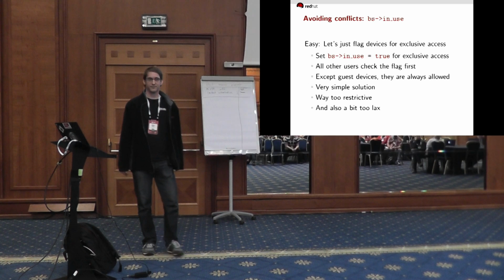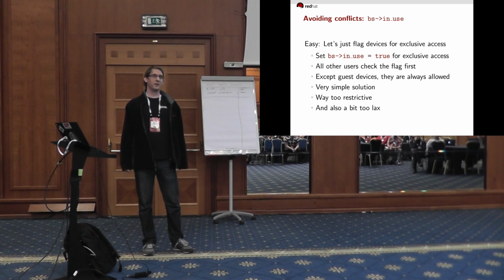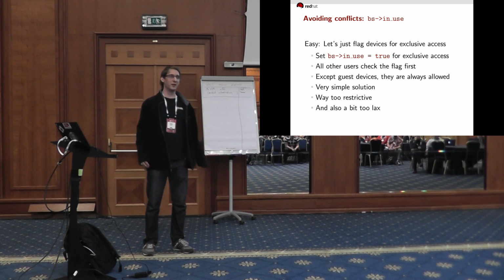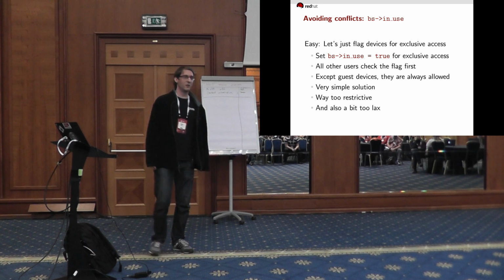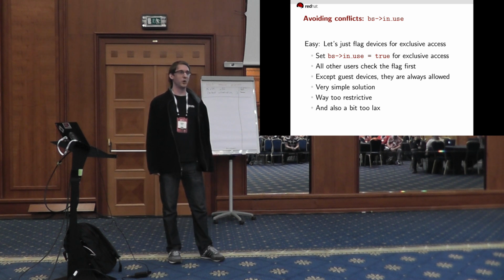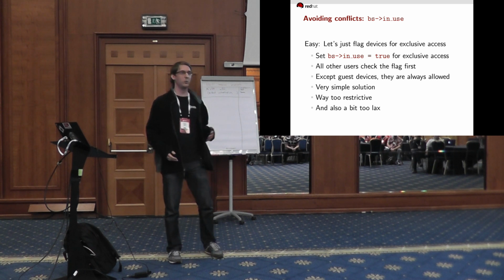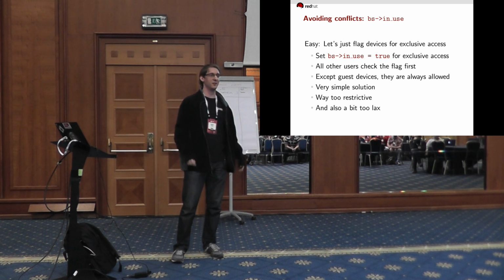So we set this in use flag for everything that we thought might conflict with each other. So we're usually blocking too much because some of these operations could actually be compatible. But if it's conflicting with a different operation, we just have to set the in use so that this is protected.